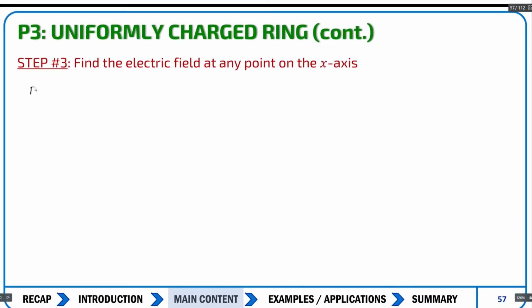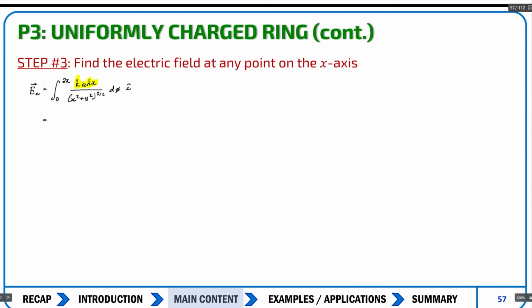Ex is equal to, let's factor out all of the, actually wait, let's just do this first. The integral from 0 to 2 pi of k a lambda x divided by x squared plus y squared to the power of 3 over 2, then you have d phi x hat. We then can factor out all of the constants. I usually like to highlight them.